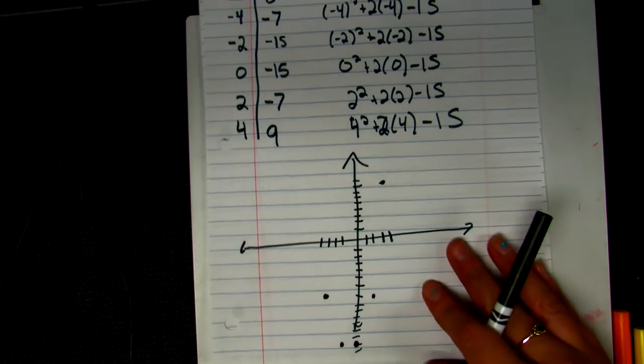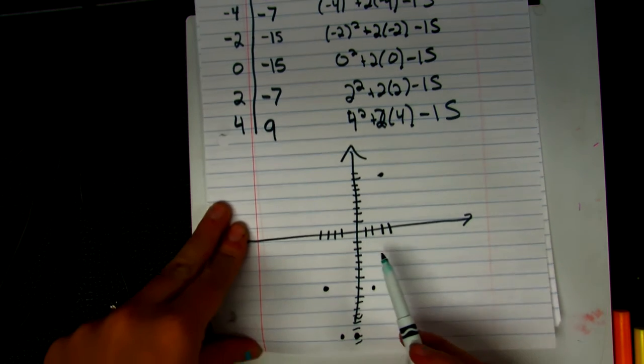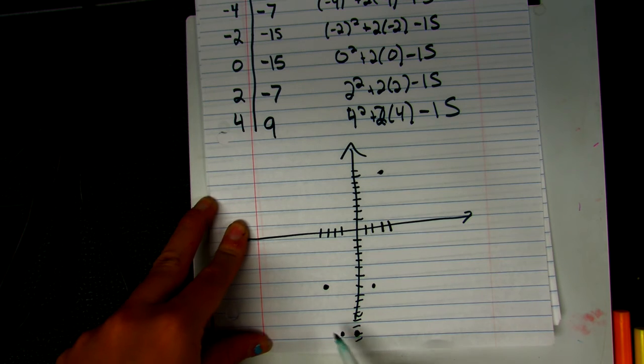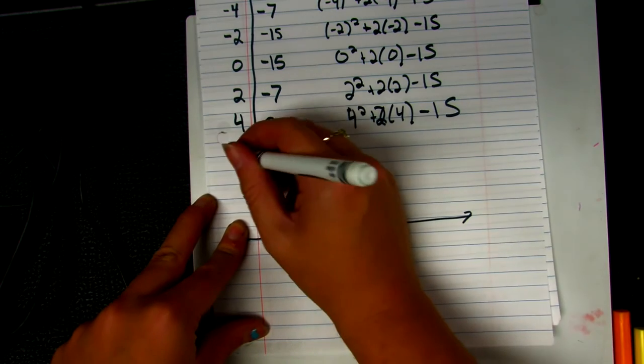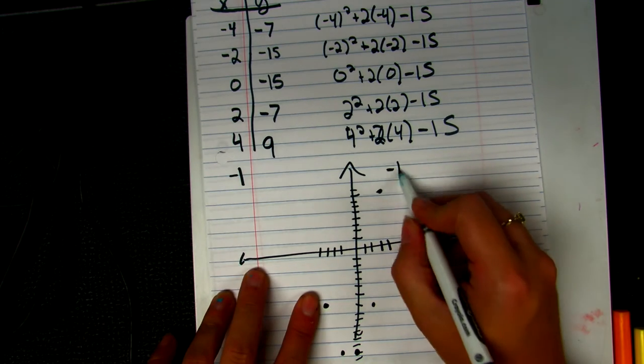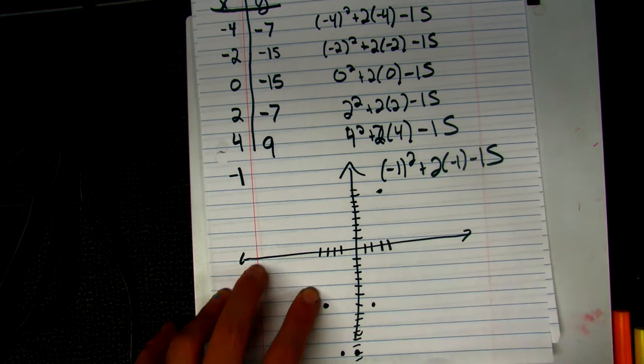So if we were to connect these points, I see right now that I have -2, -15, and I have 0, -15. So my question is, I wonder what -1 would be, right? So let's do -1. So (-1) squared plus 2 times -1 minus 15.